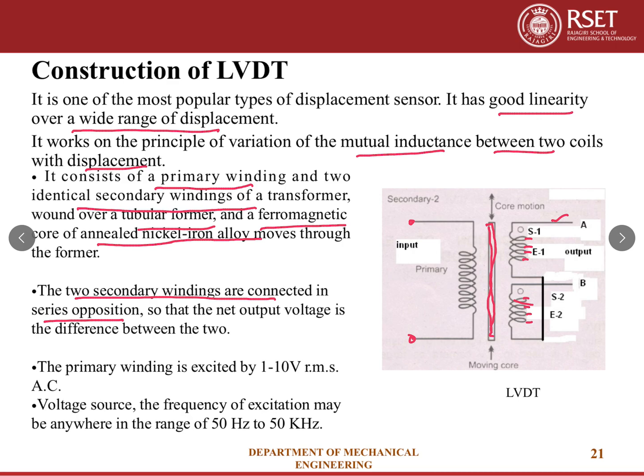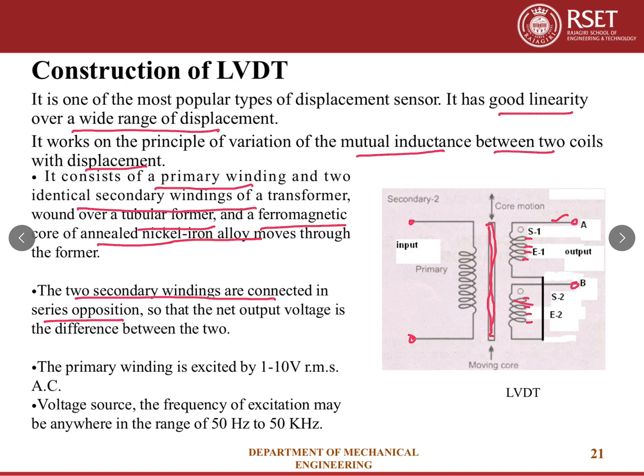Since they are connected in series opposite, the magnetic fields induced in these coils are also opposite in direction. Therefore, the EMF generated will be opposite in nature, so the difference is the output.